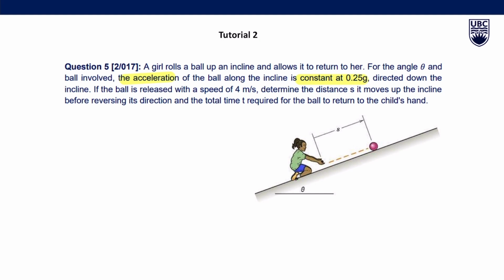So the deceleration, according to the problem, is 0.25 g or 0.25 times 9.81, which you can calculate later, and it is downward.